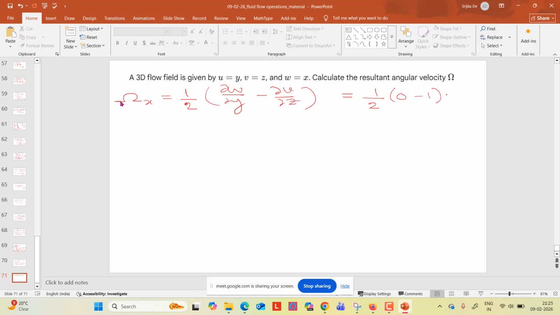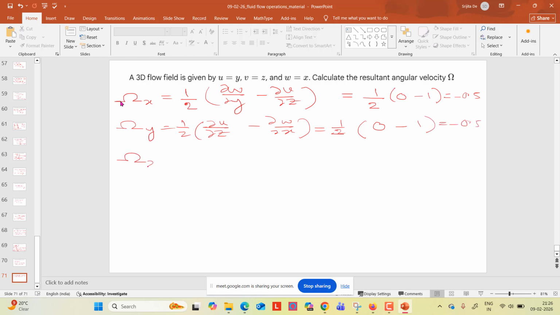It is coming minus 0.5. Y component is del u del z minus del w del x, equals half, del u del z is 0 minus del w del x is 1. So it is again minus 0.5.